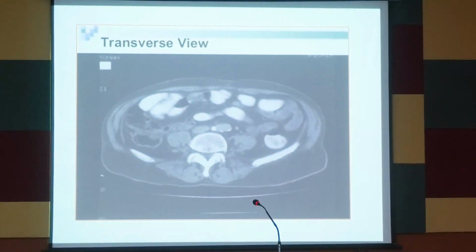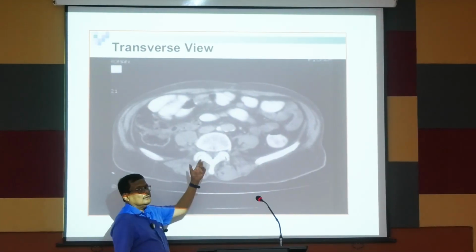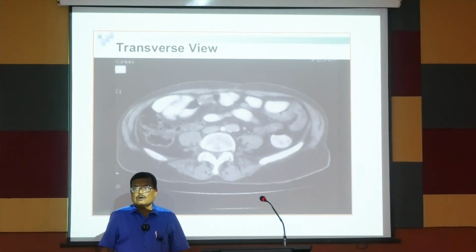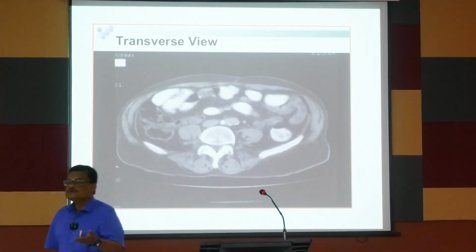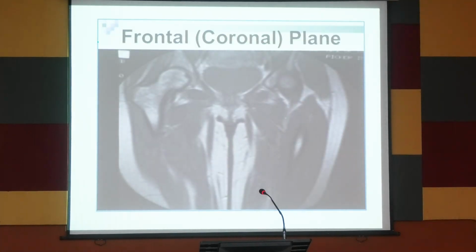Because if you have no idea, you will not understand which is which. Because it looks one type in the transverse plane and another type in the coronal plane.